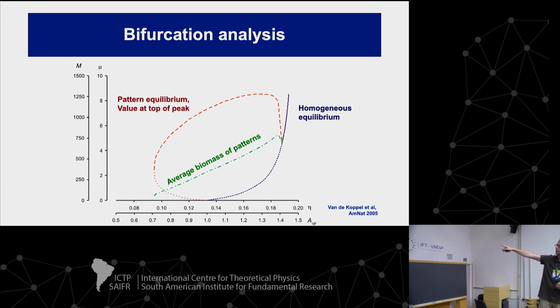The nu is basically a non-dimensionalized version of the model. After the pattern formation, you have a higher average of biomass for a lower amount of food than the homogeneous equilibrium. Exactly. Does everybody get that idea? So if you compare this with that, you see that biomass is much higher.